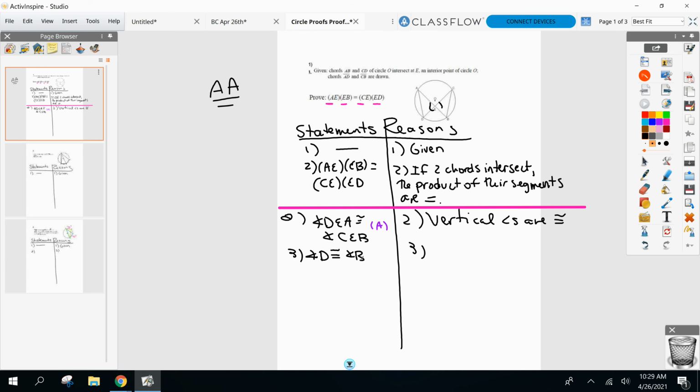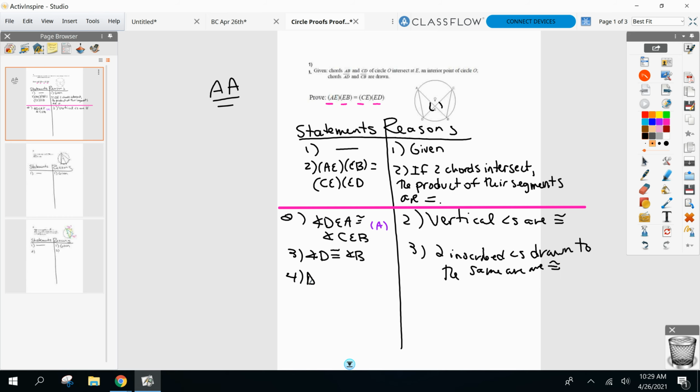Awesome. D and B, Audrey could have also given me A and C. Same reason. Two inscribed angles drawn to the same arc are congruent. Perfect.